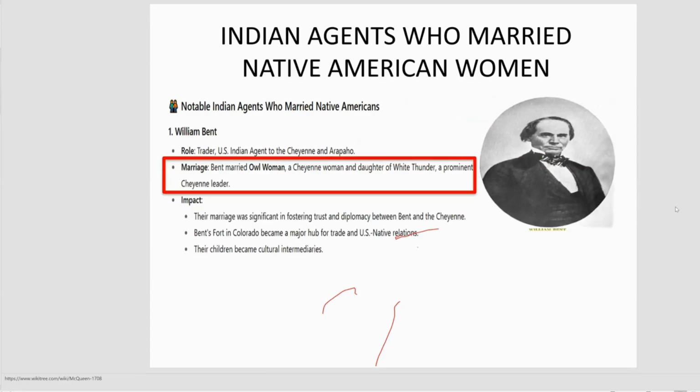But this is just showing us notable agents who in fact married, because in order for them to learn the language, they had to commingle amongst the tribe. And then there weren't that many women around, and I'm sure these Native American women were beautiful. So of course they would be smitten. And so some married into those families.